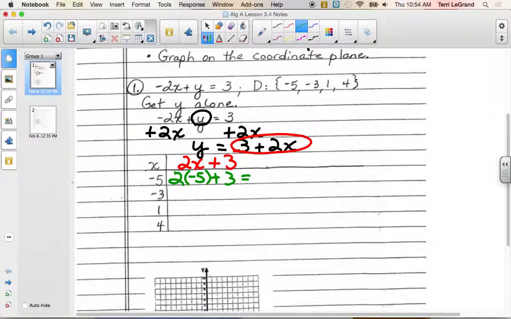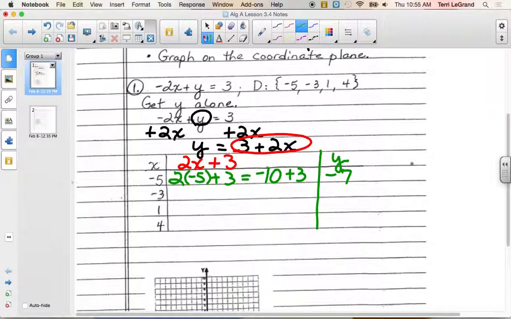We do multiplication before addition, so what's 2 times -5? -10. So now we have -10 plus 3. And now we're ready to say, oh, okay, I don't think I need any more room to show my work. My y value is what? What's our y value? -7. So -7 is our y value.